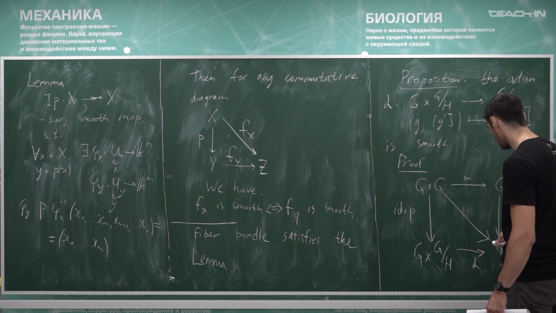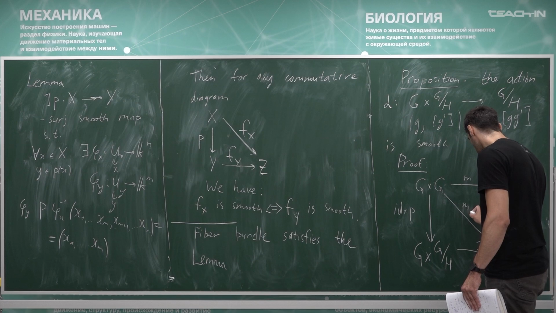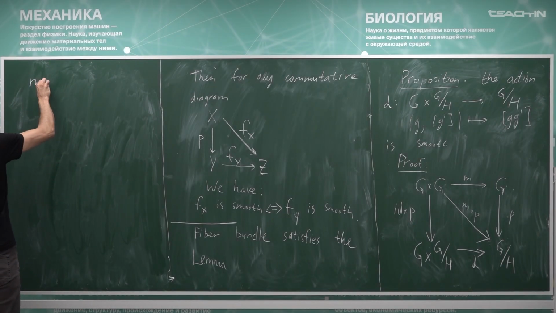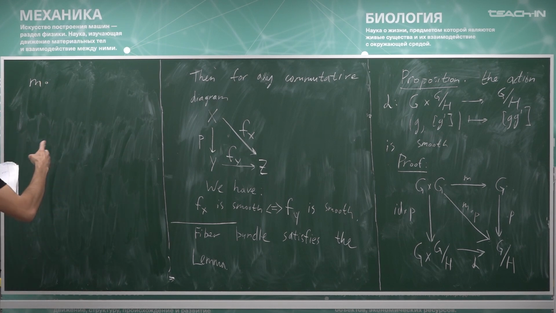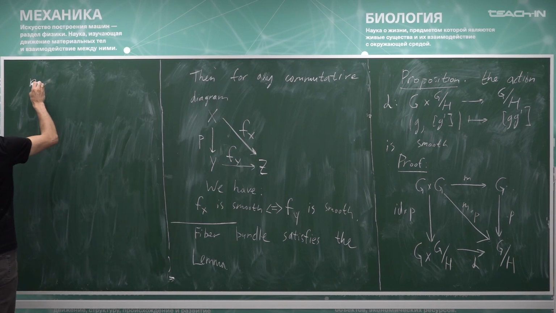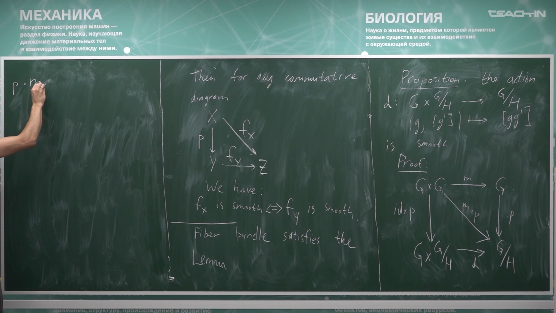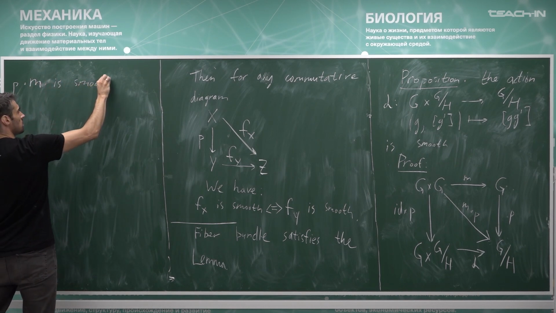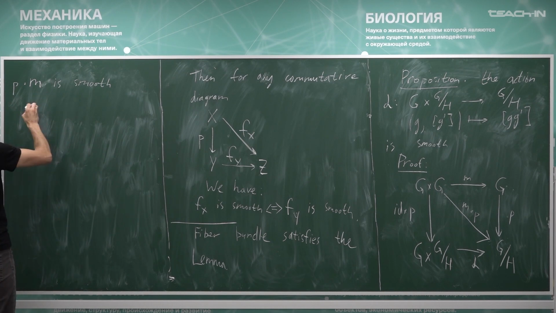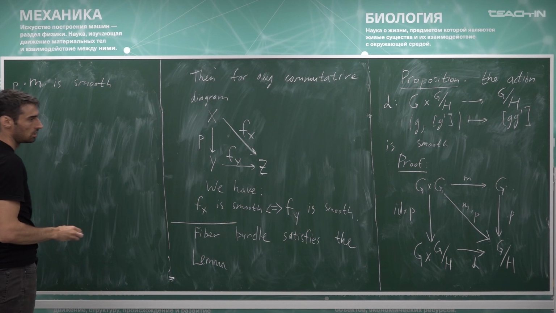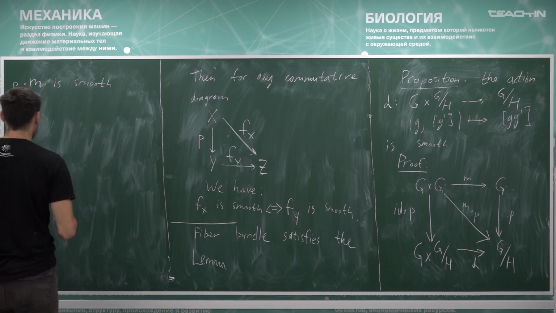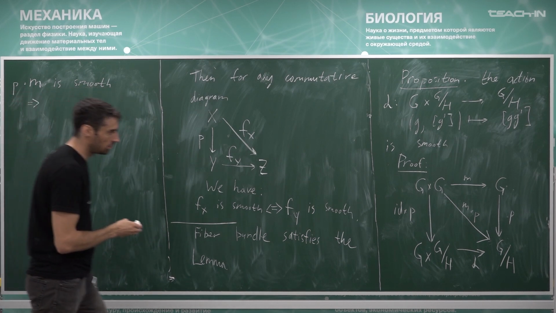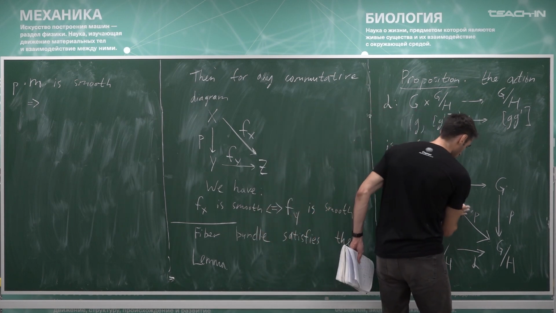Right? So M, P is smooth. First I go by M, then by P. So M, P is smooth as a composition of smooth maps. So therefore, alpha is smooth. By the way, here it's the other way around.